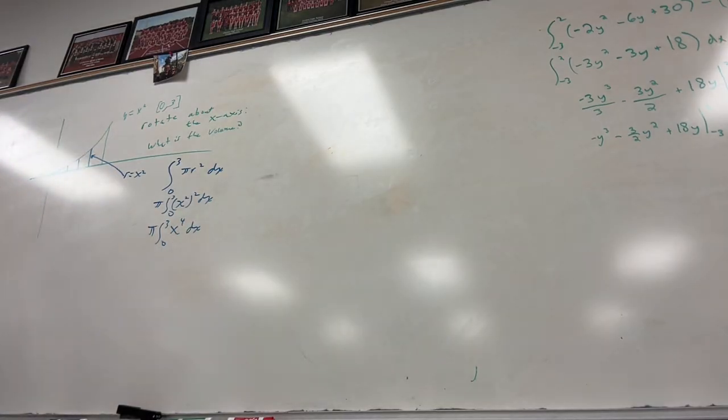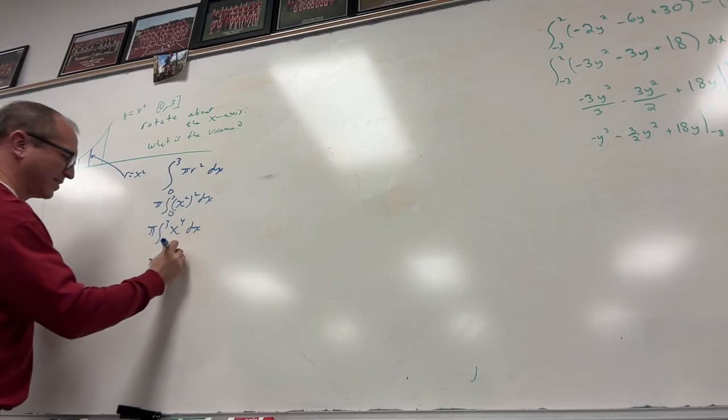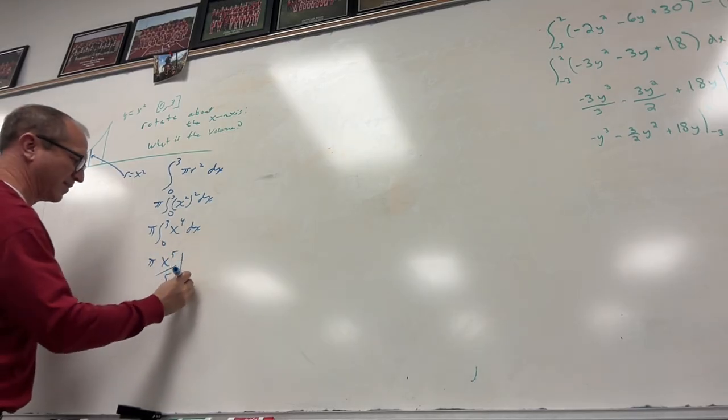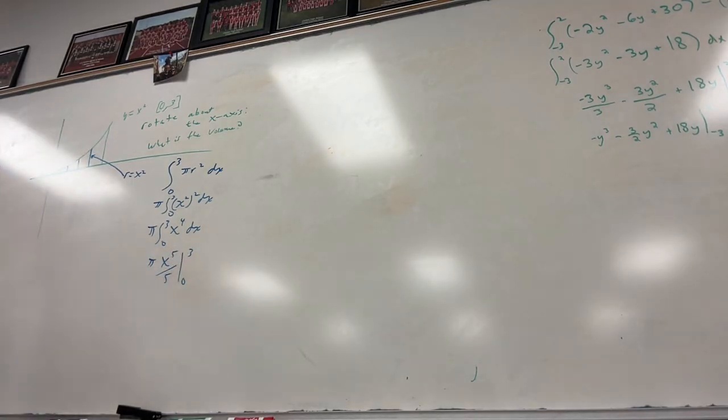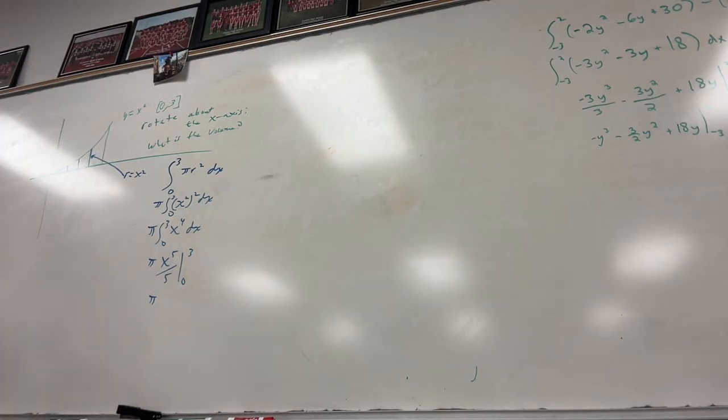All right, anyway, pi times x to the 5th over 5 from 0 to 3. So this becomes 3 to the 5th, which is what? $243 maybe? Yeah. Okay.